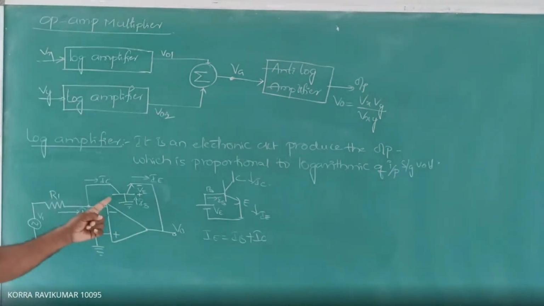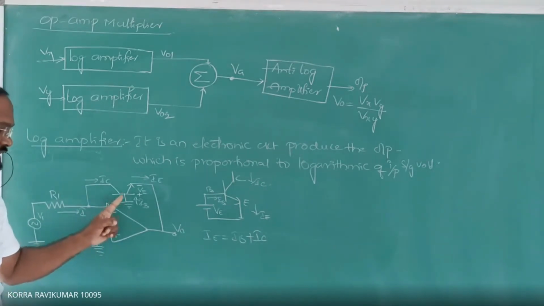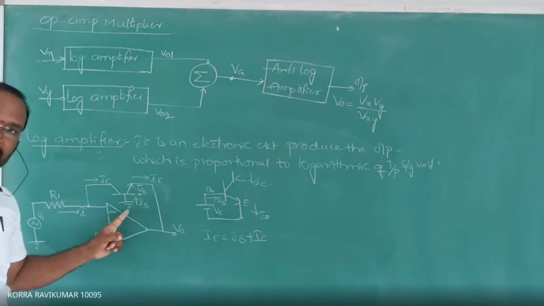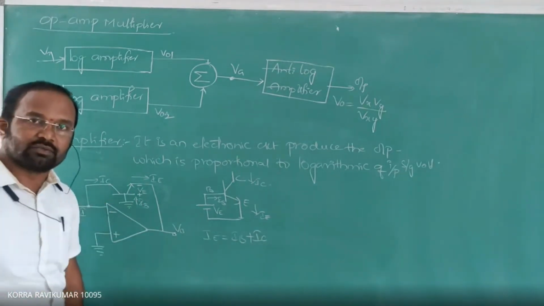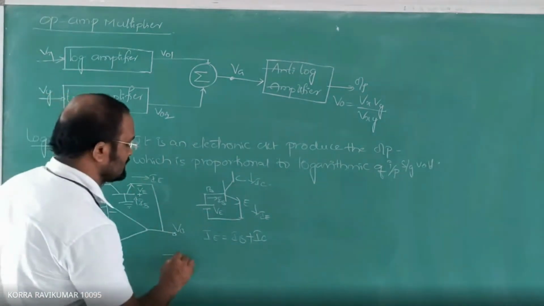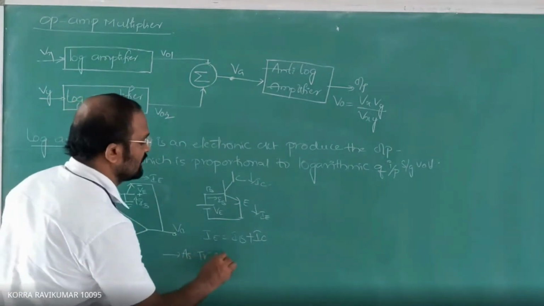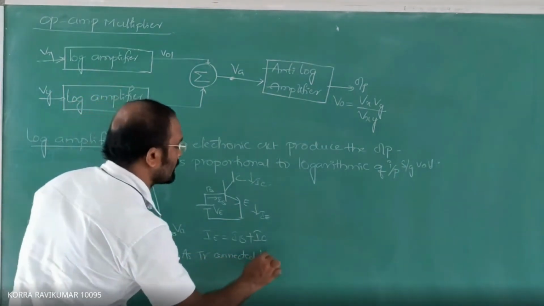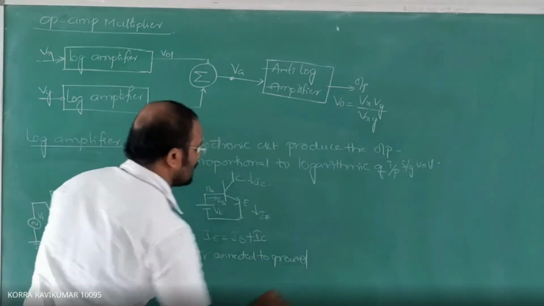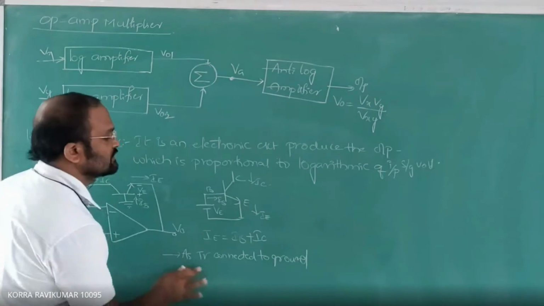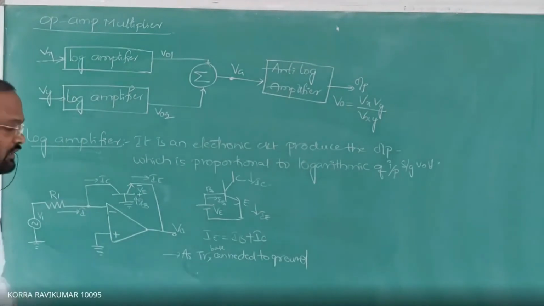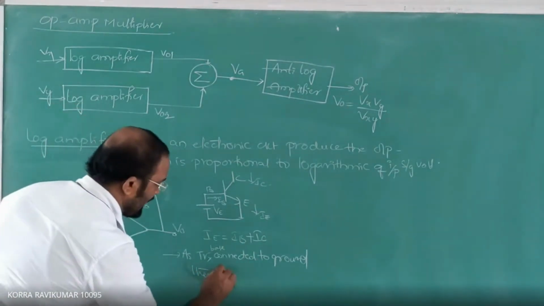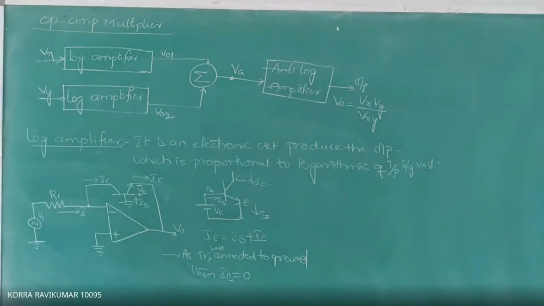But if you look at this log amplifier circuit, the base terminal of this NPN transistor is connected to ground. Am I right? If the base is connected to ground, then obviously the base current IB equals 0.